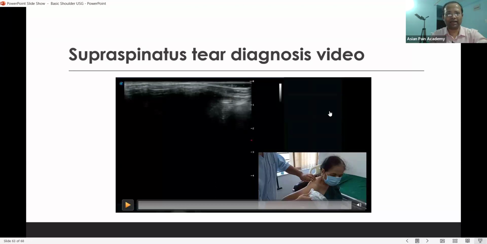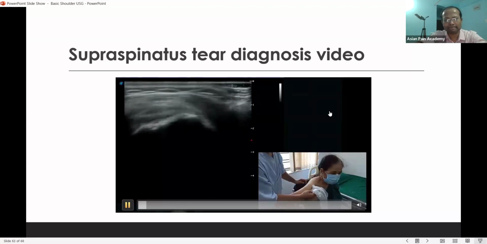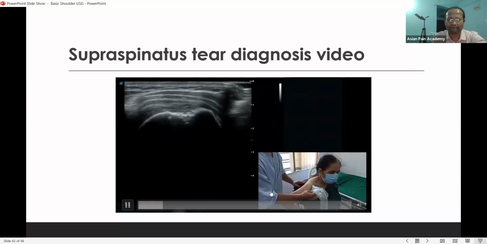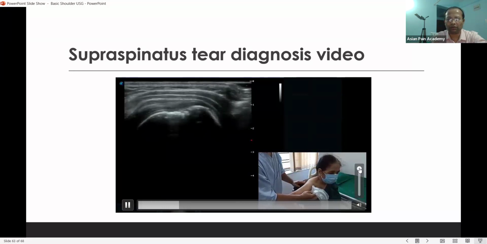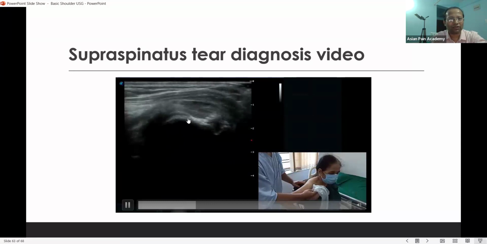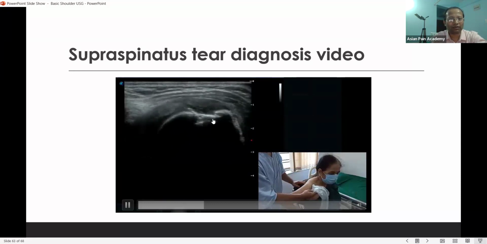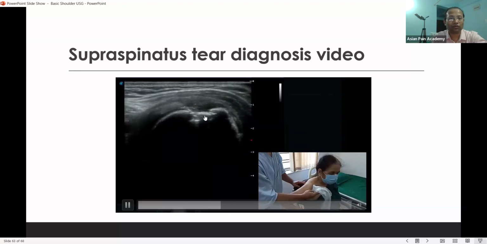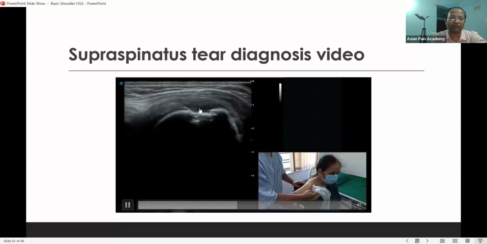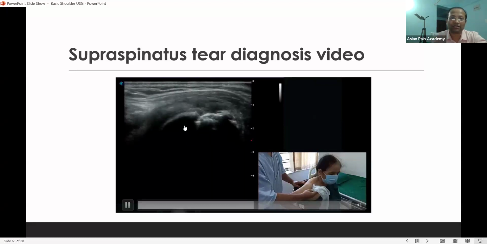So this is, I am diagnosing. I don't know if volume is there or not. Anyway, here you see what I am seeing, supraspinatus. Here you see that there is articular bony margin. There is a break in the bony margin. So I will first suspect if there is tendinosis, supraspinatus tendinosis in the articular side only.